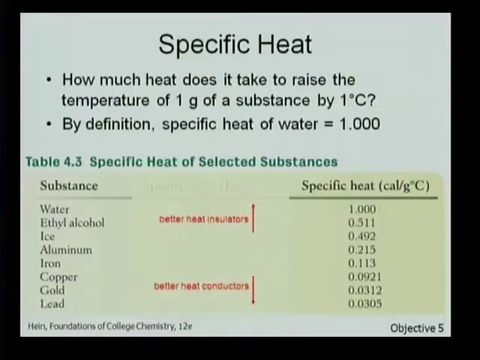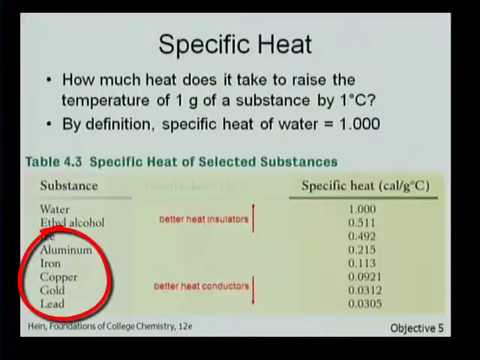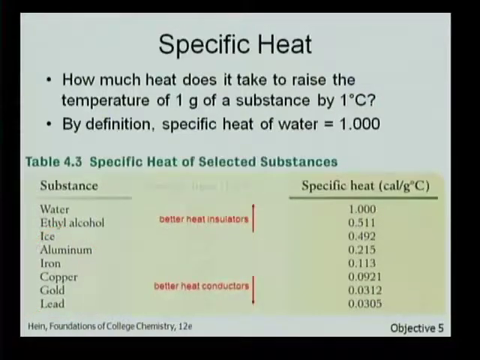The second thing I want you to take from this slide, again, I'm not asking you to memorize any of the numbers on the right-hand side of this table, but what I do want you to see is that substances like iron, aluminum, copper, gold, lead, in other words, metals, are better heat conductors. And when we say they're better heat conductors, we're saying in mathematical terms that they have a lower specific heat.